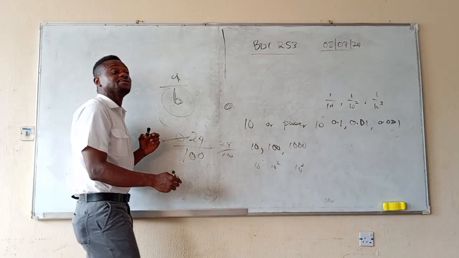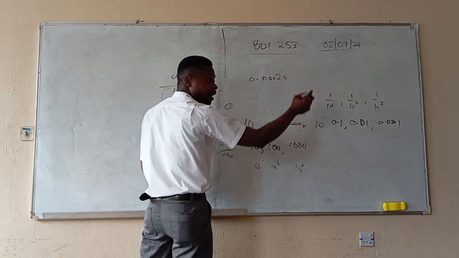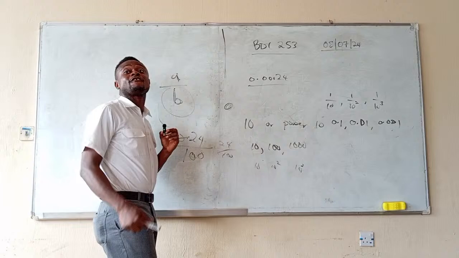Also, let it be 0.00027, whatever number. The denominator must also be a power of 10.